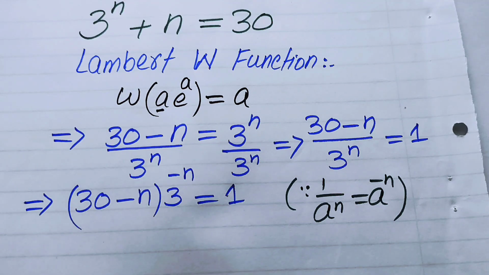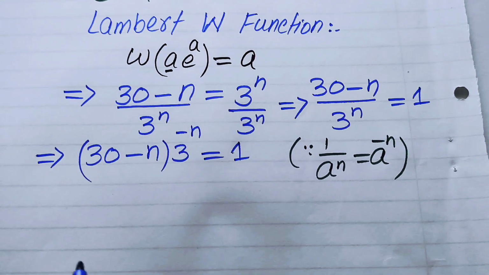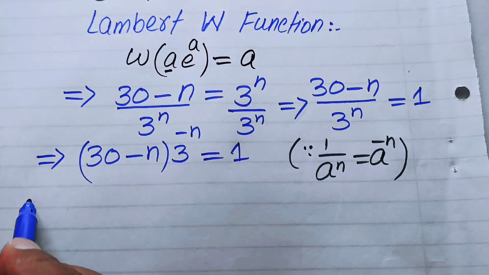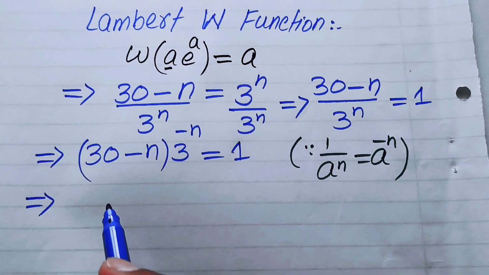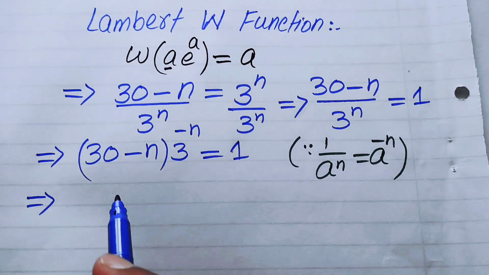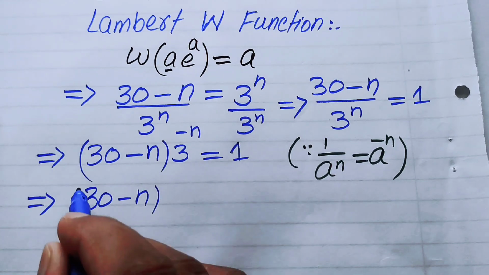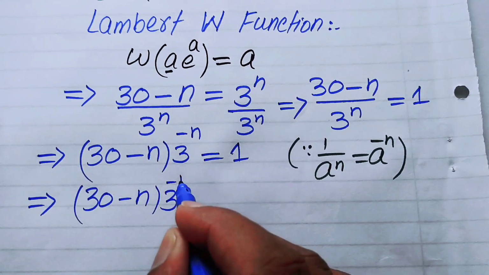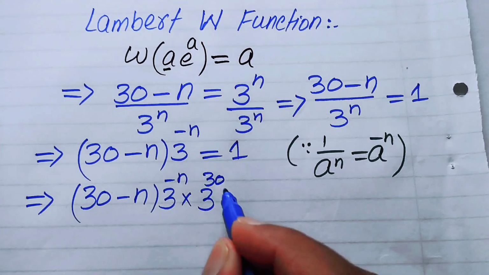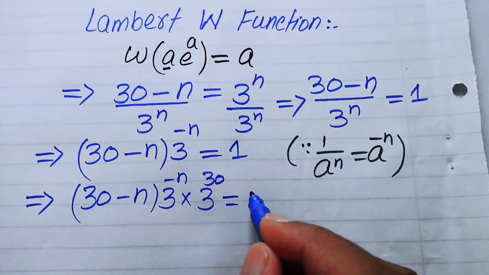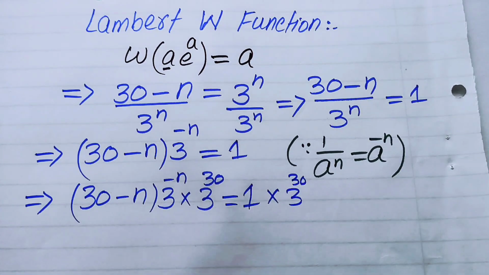We can apply this nice exponential law to this term, and after that we multiply both sides by 3 to the power of 30. So when we multiply both sides by 3 to the power of 30, it becomes 1 multiplied by 3 to the power of 30.